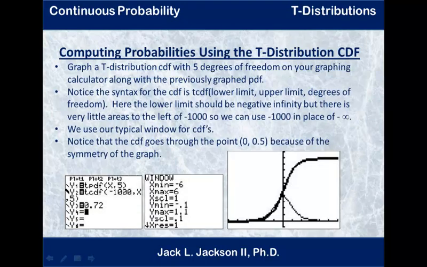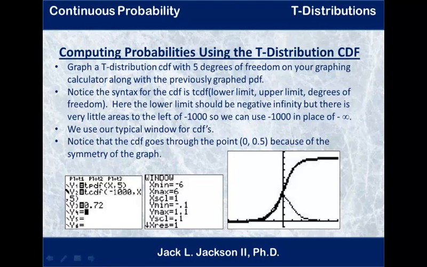Okay, well, we come back and we see that we can just type in tCDF, and just like a normal distribution, you have to give it left input, right input, or left limit, right limit, and then degrees of freedom is the part that's a little different than the normal.